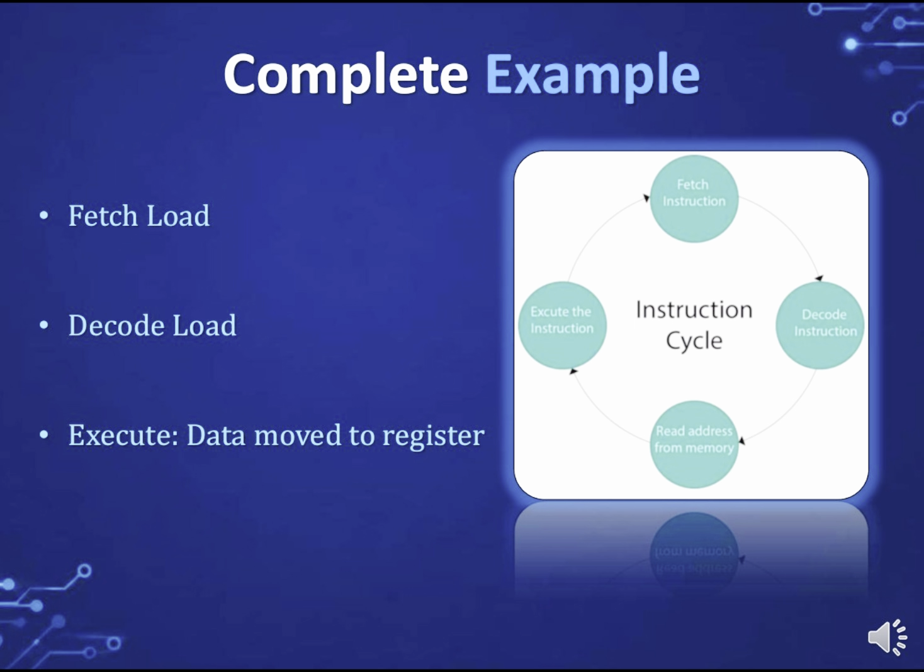This continuous cycle allows computers to run applications, process data, and respond to user commands. The fetch execute cycle is one of the most fundamental concepts in computer architecture because every program depends on it. Without this process, a computer would not be able to execute any instructions.